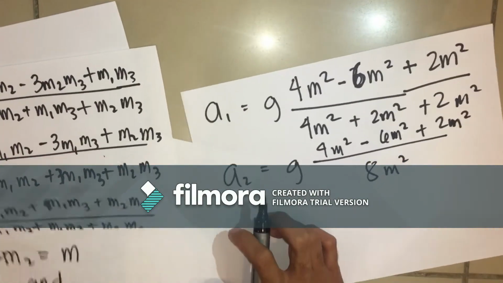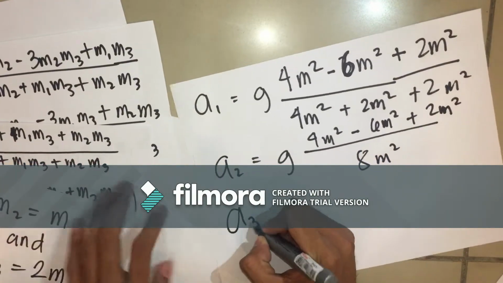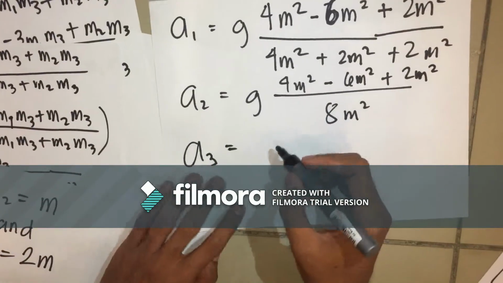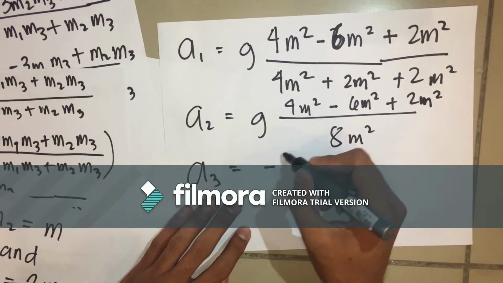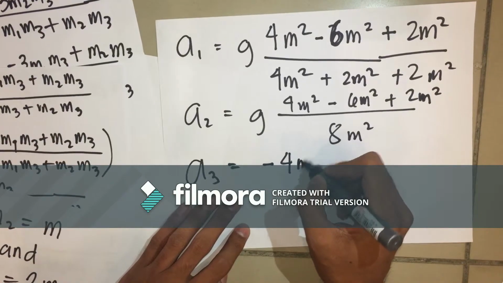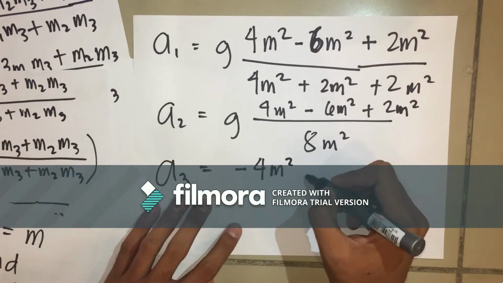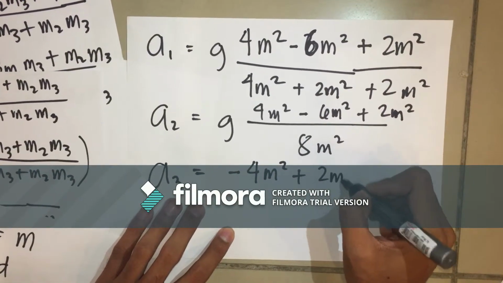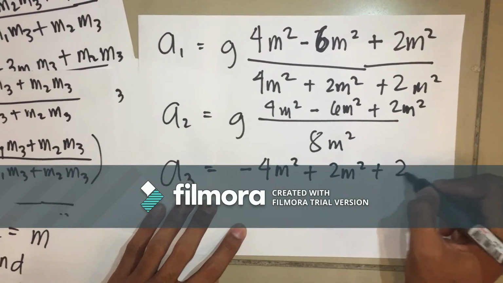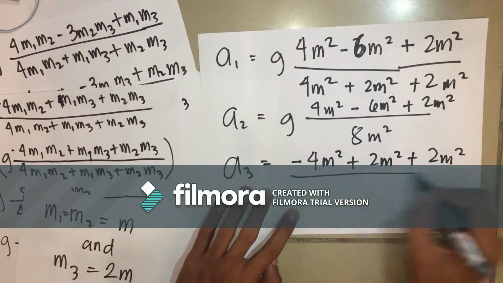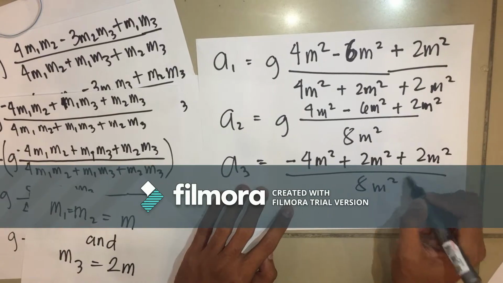Next is A3, which is equal to the negative 4M squared plus 2M squared plus 2M squared over 8M squared.